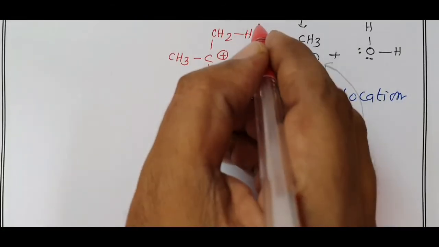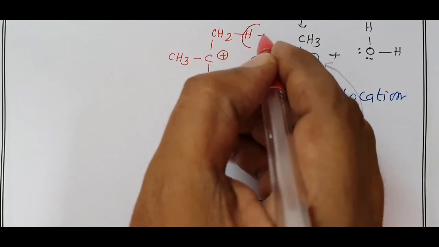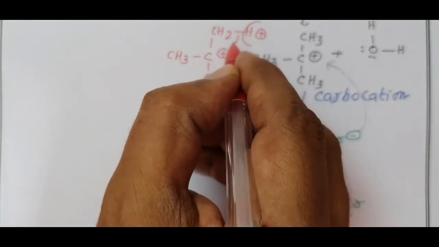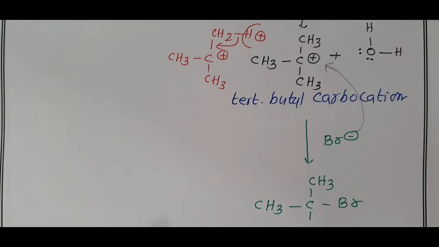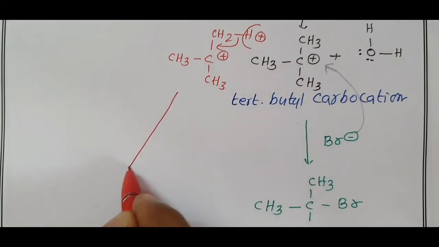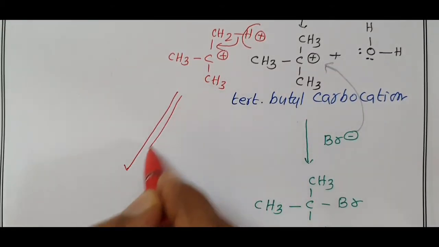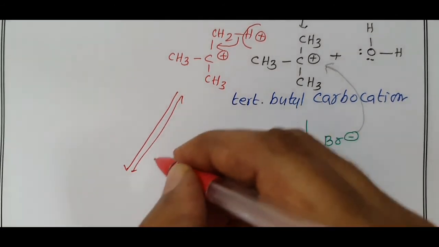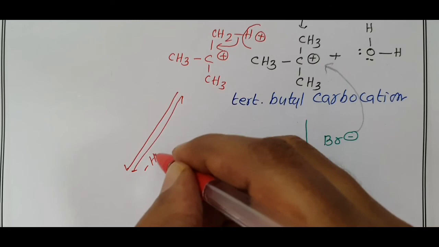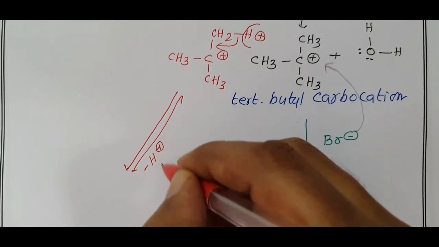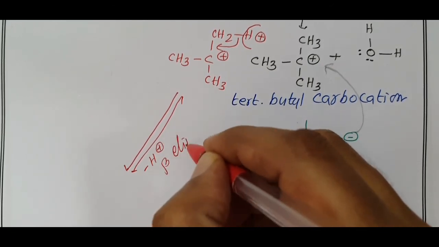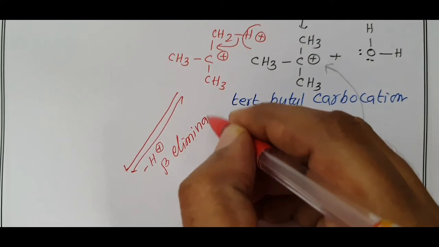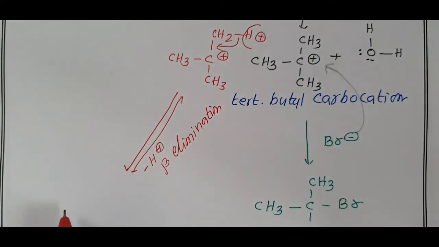This H may be removed as H plus, and the bond is shifted between carbon and carbon, which may give an alkene. This is minus H plus, called beta elimination. H plus is removed from the beta carbon and gives an alkene.